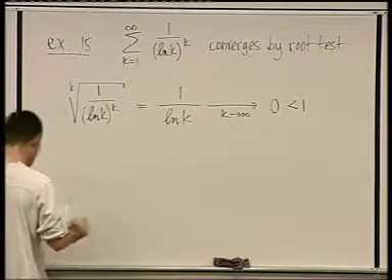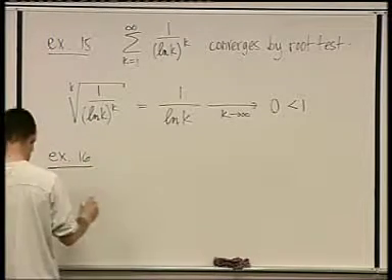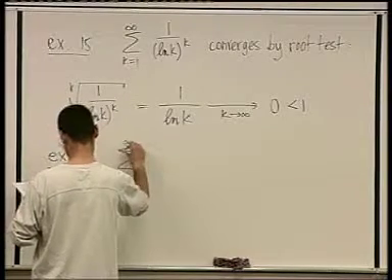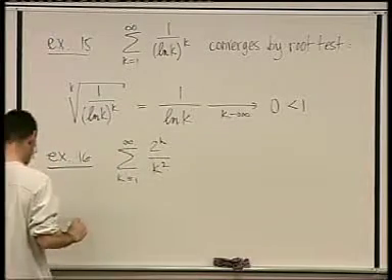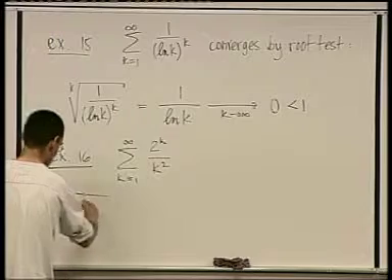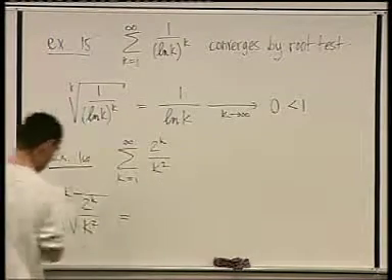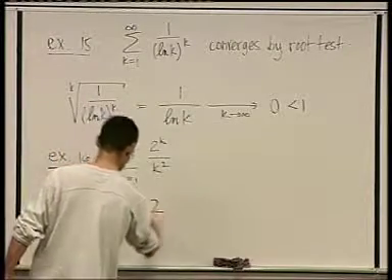Another example. Example 16. Let's look at sigma 2 to the k over k squared. So again, let's look at the kth root of 2 to the k over k squared. This equals, the kth root of 2 to the k is just 2.